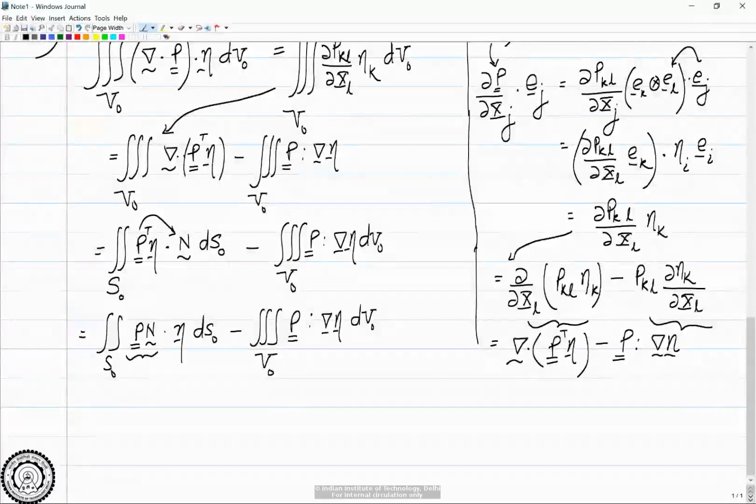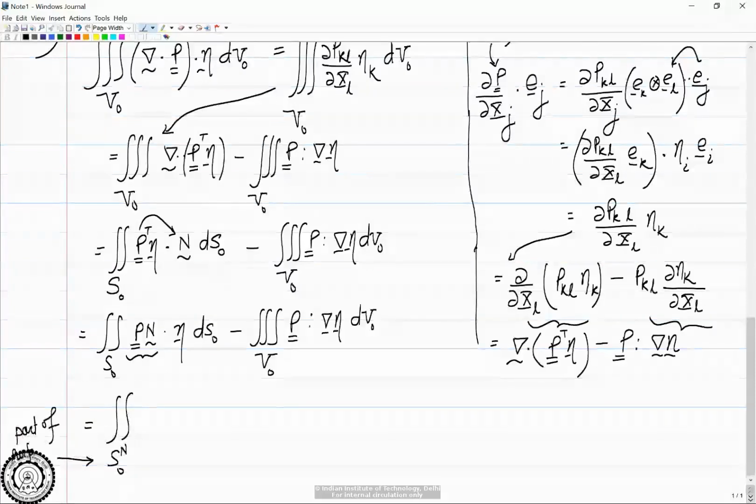So this is something which would be prescribed by the external agent on the Neumann surface. So we can write it as integration over S naught N. So S naught N is the part of the surface where traction is prescribed. Okay, and then P into big N, we'll write it as some T naught.